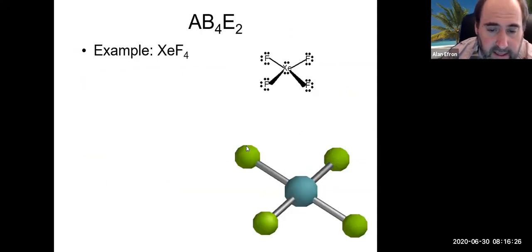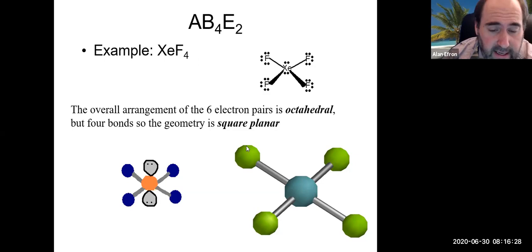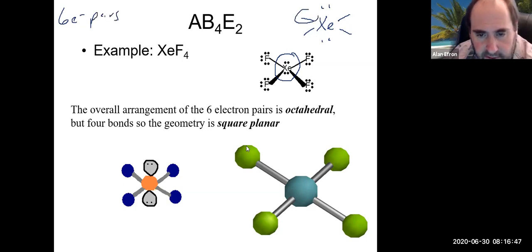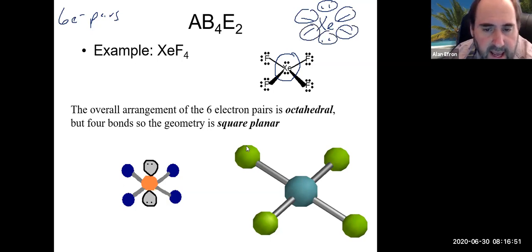Now we're going to look at what happens when we get to 6 electron pairs around the central atom. So now with this guy here, you can see we have 6 electron pairs. 1, 2, 3, 4, 5, and 6. And in this case, we have 4 bonds.